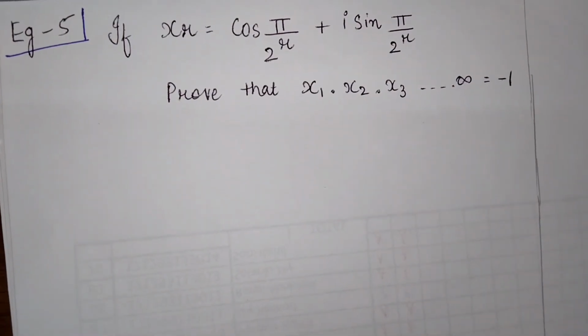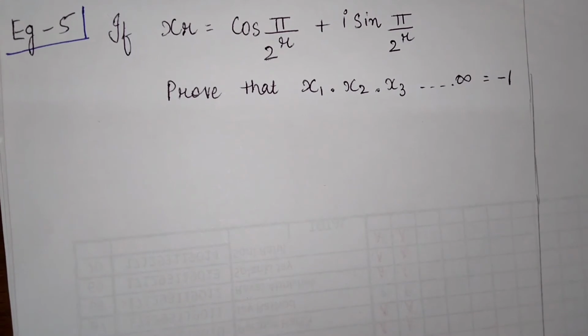So example 5. If x r is equivalent to cos pi upon 2 raised to r plus i sin pi upon 2 raised to r, then prove that x1 into x2 into x3 up to infinity is equivalent to minus 1. Okay, we have to prove this term.